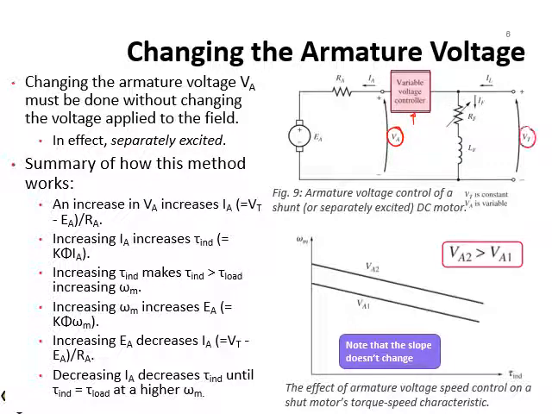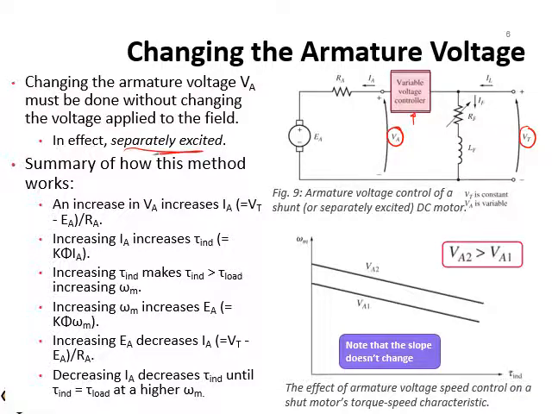So by having this controller, again we can change VA without affecting VT. So again we can change VA independently. And by having this capability, we can then use this technique, which is changing the armature voltage, for speed control.